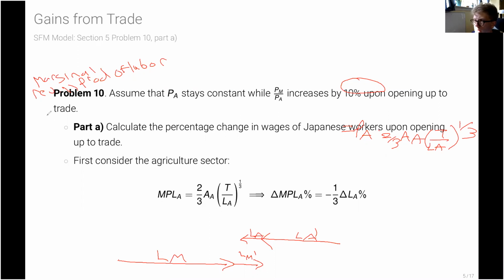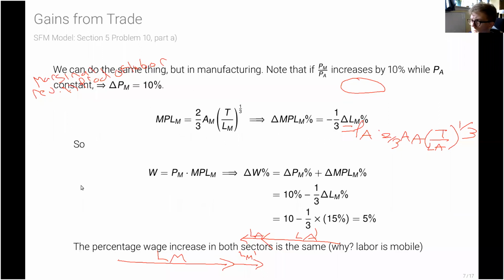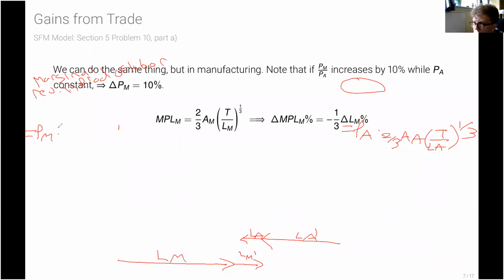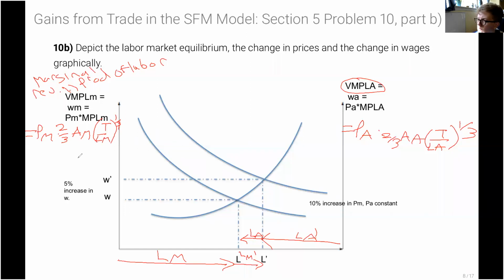Likewise, okay, so now what I've done is I've just replaced MPLM and MPLA with the values we calculated earlier.